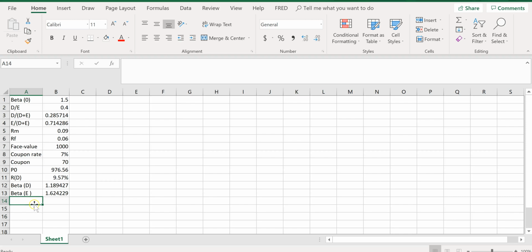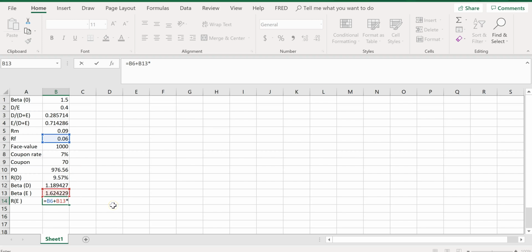Once we know the equity beta, we can use CAPM again to figure out RE, the cost of equity. So that's simply RE equals RF plus beta times RM minus RF.